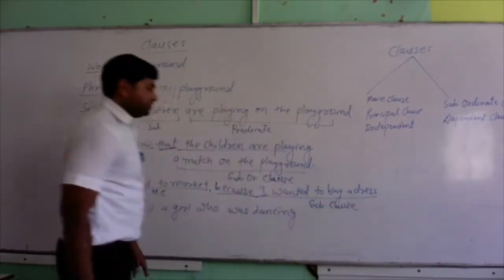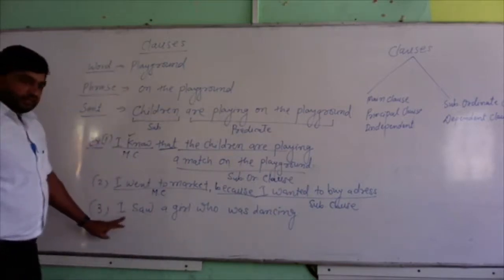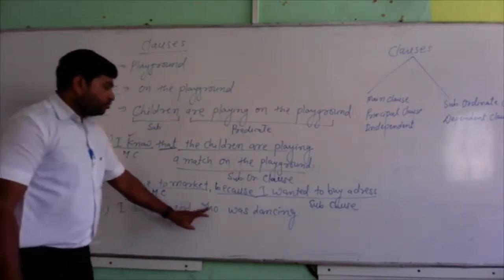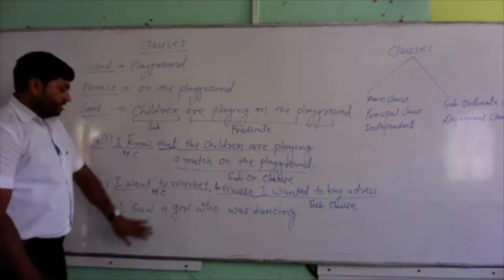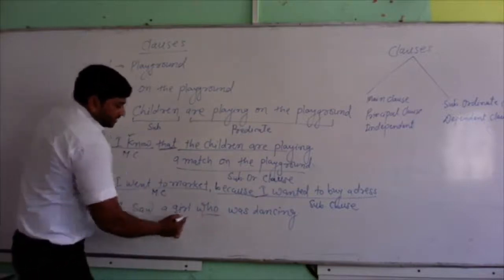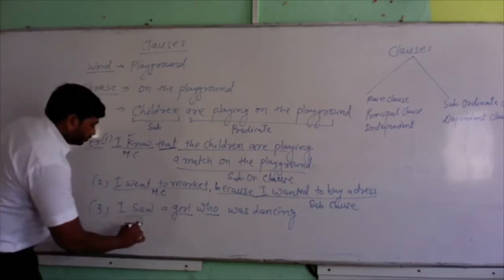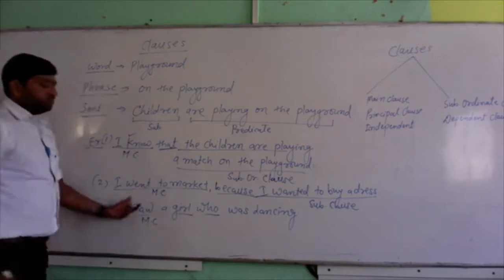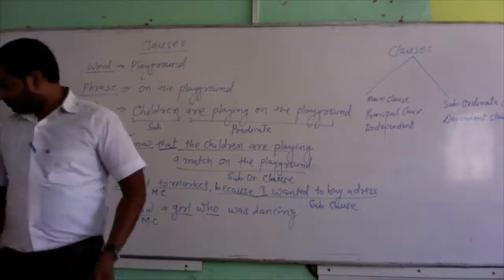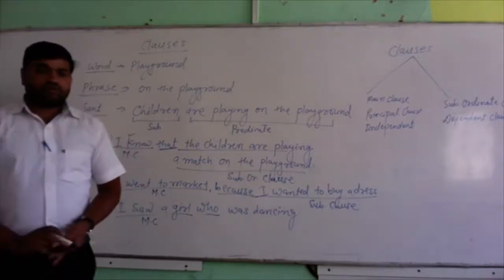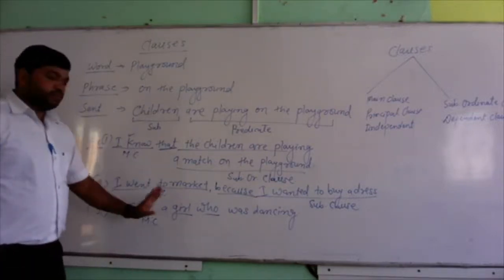Okay. Now, third example, I saw a girl who was dancing. So here, who is the connector, and I saw a girl is a main clause. Why is it the main clause? Because its meaning is complete. I saw a girl. Its meaning is complete.